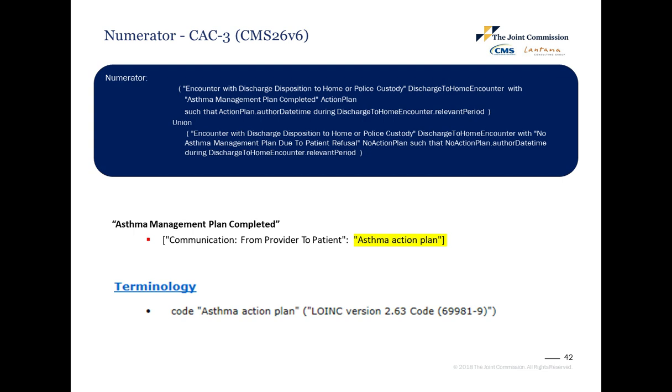Since we only have one LOINC code to represent this concept, we forego creating a value set and instead embed the LOINC code directly in the logic. So while Asthma Action Plan may look like a value set name, if you refer to the terminology section of the Human-Readable, where all value sets are listed, you will see the actual LOINC code.